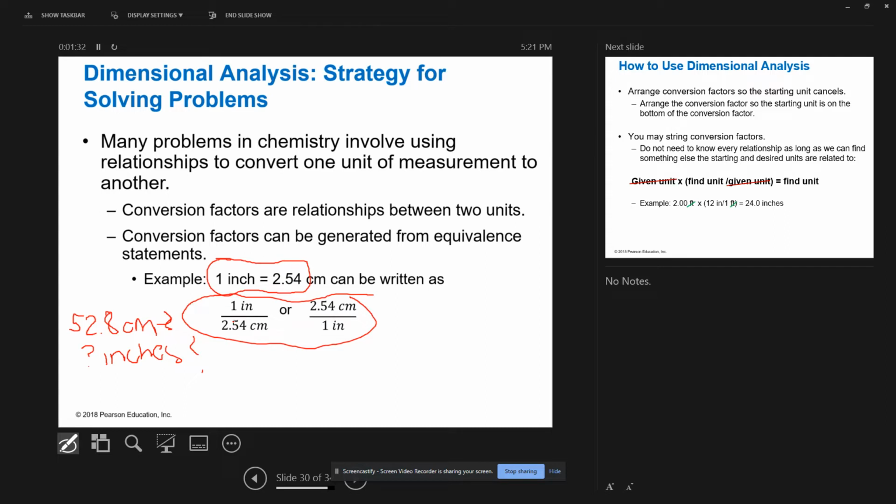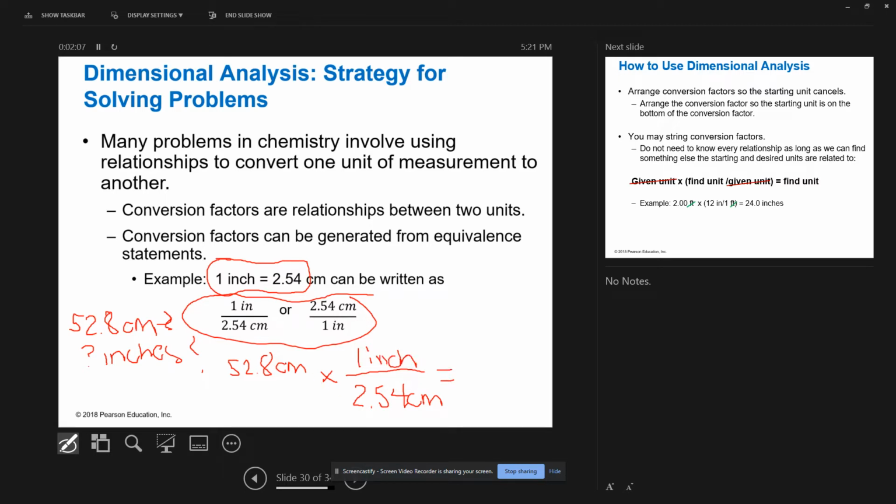This allows me to convert between inches and centimeters. You're always going to start with what you're given: 52.8 centimeters. And I'm going to multiply it by that conversion factor. Now what's going to go on the bottom is what we want to cancel out. So we're looking for inches, so we want to cancel out the centimeters. So I have 2.54 centimeters and then 1 inch on top.